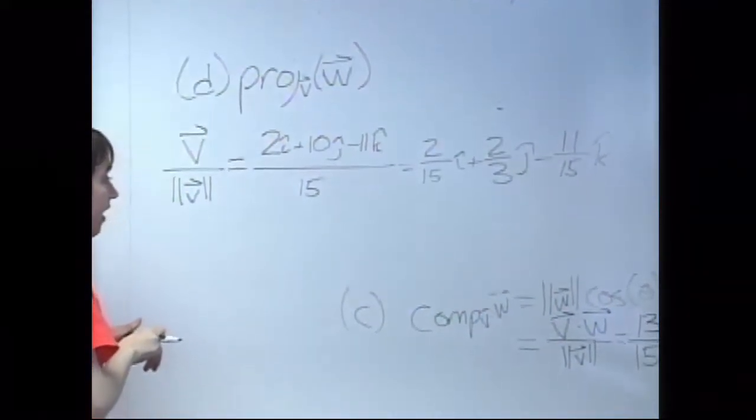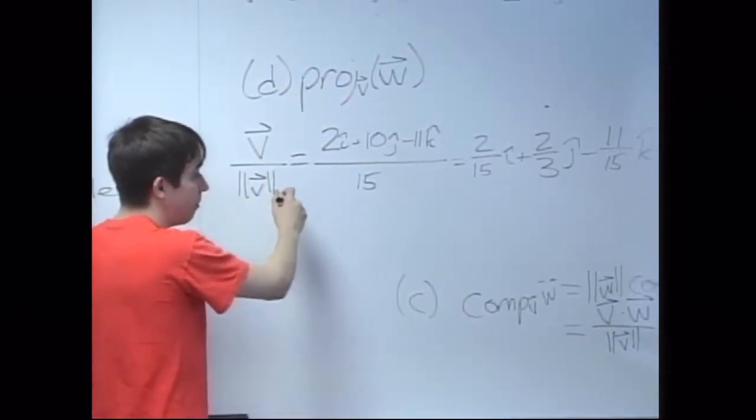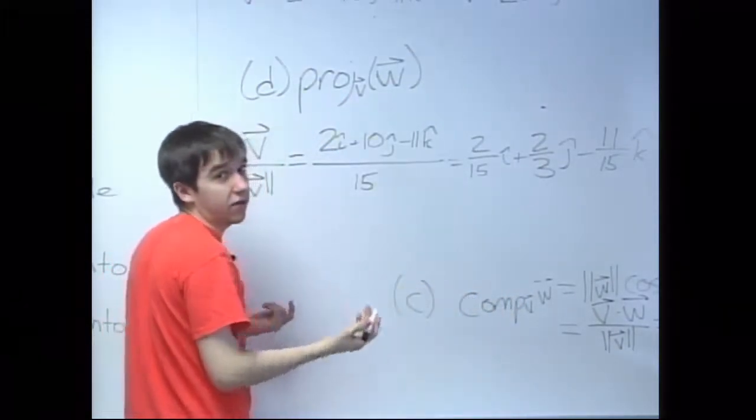And now, in order to get the correct magnitude, you have to multiply this unit vector by the component of w onto v to give it the correct magnitude.